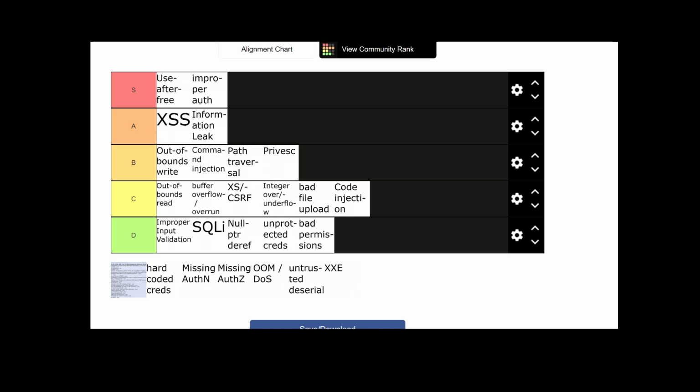Uncontrolled resource consumption, which is CWE 400, which I called DoS, which is out of memory or denial of service, because I think that's a good description in general, as an overarching concept of running out of memory or somebody causing you to consume way more resources than is reasonable.